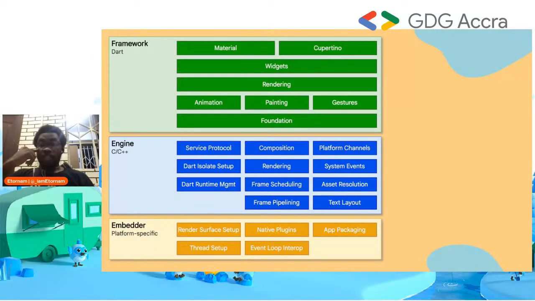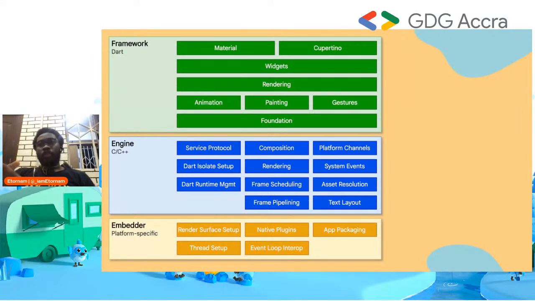With the platform channel, imagine you want to implement a feature that is not yet available in Flutter itself. So let's say there's no library, package or plugin for this particular custom or native feature that you want.